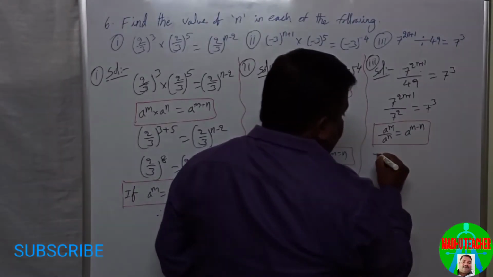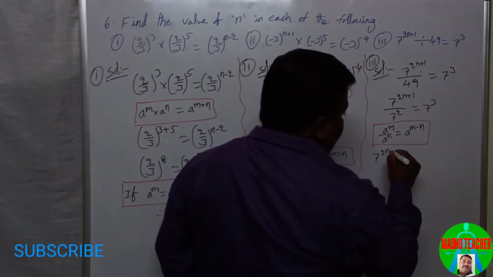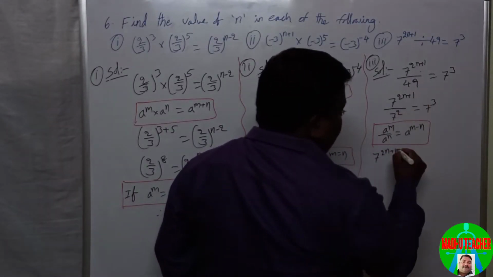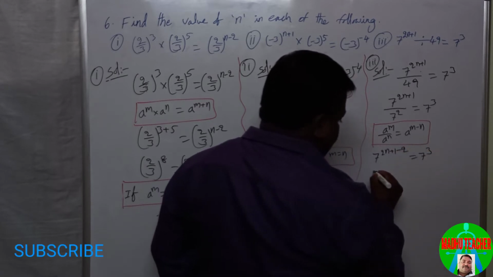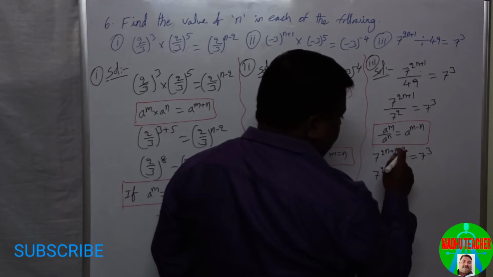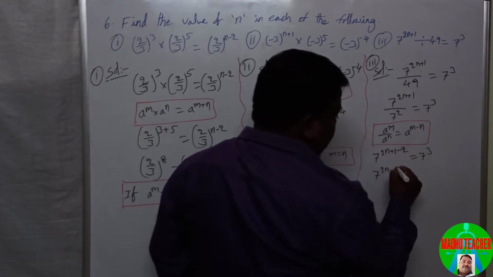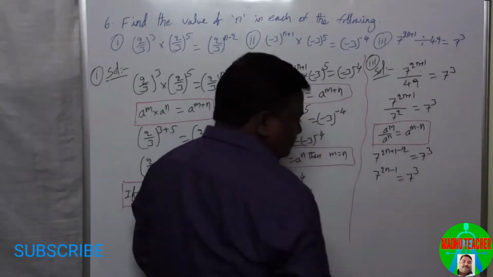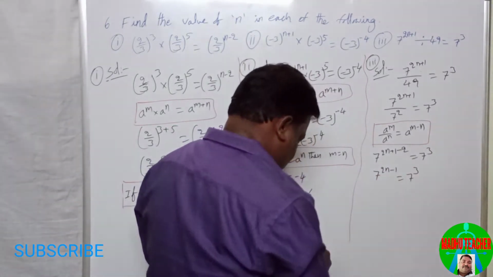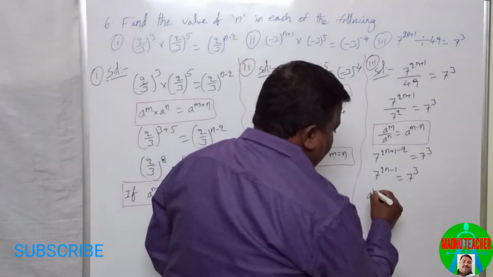Therefore you can write this as 7 to the power of 2n plus 1 minus 2 equal to 7 to the power of 3, that is 7 to the power of 2n minus 1 equal to 7 to the power of 3. So it is in the form of a to the power of m.